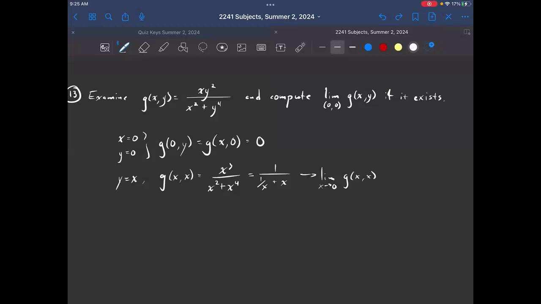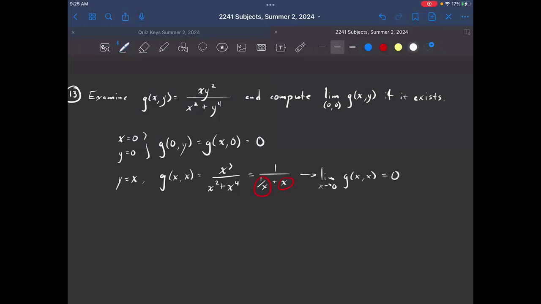And now if I let x go to 0, then this term becomes infinite, this term becomes 0, and so I have 1 over infinite, and this becomes 0.